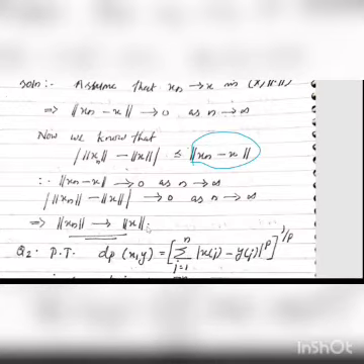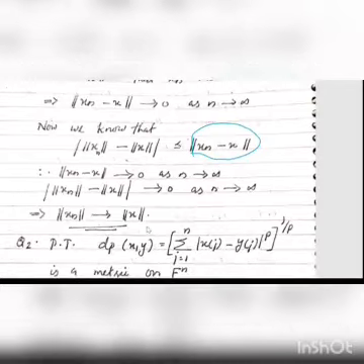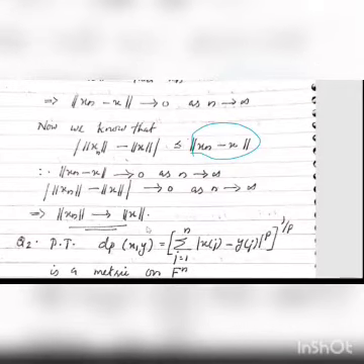So here is the second problem. Prove that dp of x comma y is equal to sigma j equal to 1 to n, mod xj minus yj raised to p, whole thing raised to 1 by p, is a metric on Fn.